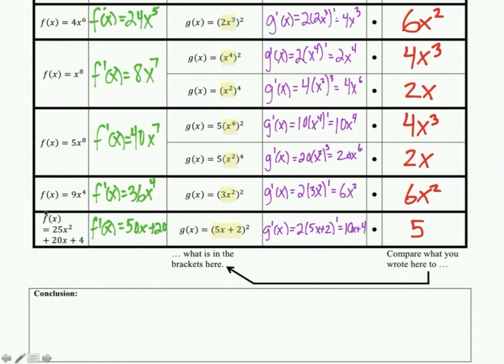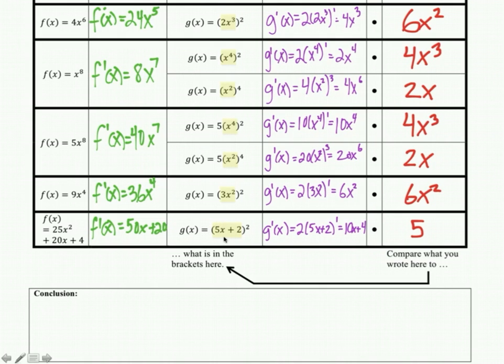This becomes really helpful for this last one in particular, where we have this trinomial and we can rewrite it as a binomial squared. So in essence, we can factor it.